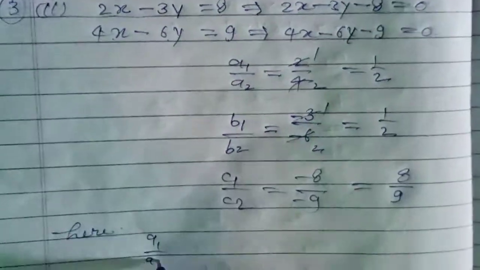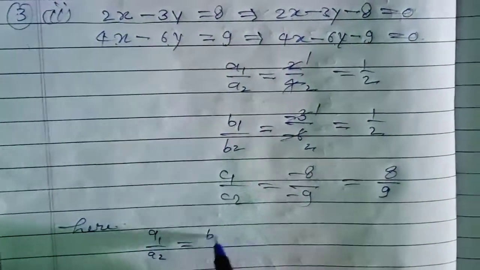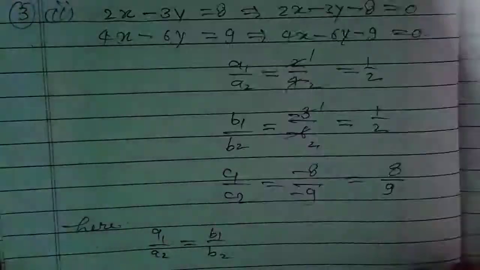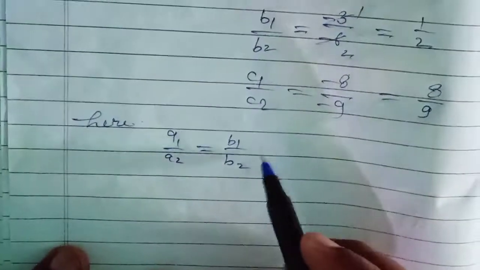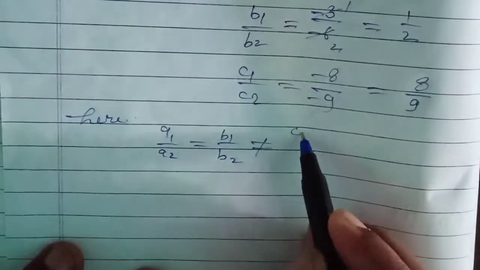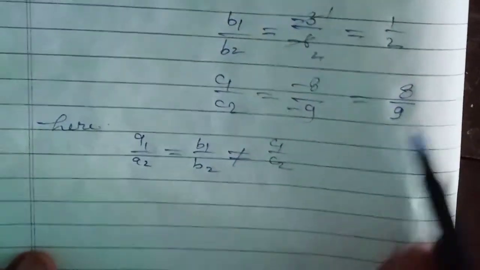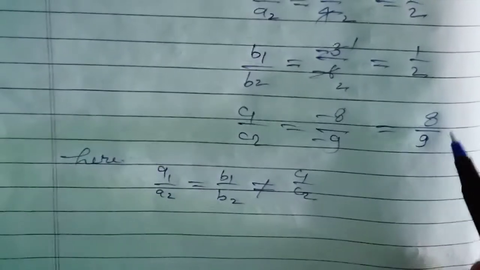Here a1 by a2 is equal to b1 by b2, which is not equal to c1 by c2. Okay, 1 by 2, 1 by 2, but this is not equal.